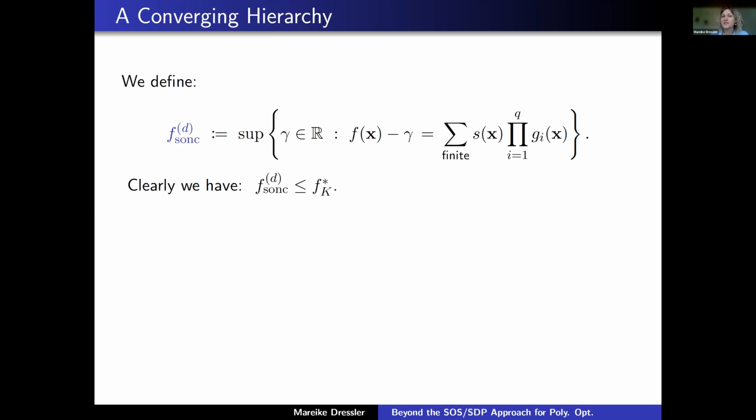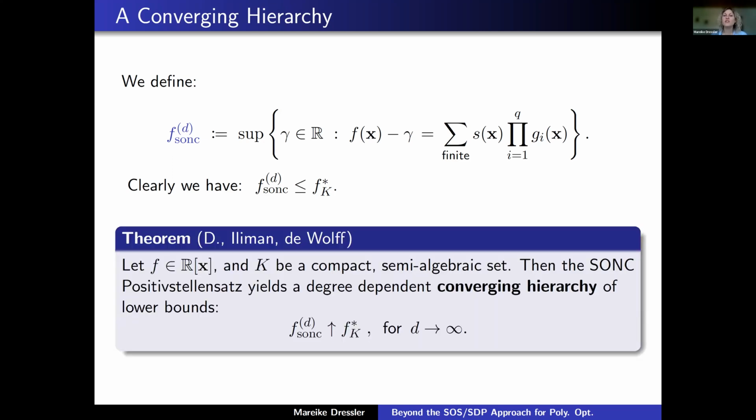This clearly gives us a lower bound, again, on the optimal value, because this representation here is a certificate of non-negativity involving SONC polynomials. And eventually you can really show that this parameter also yields a converging hierarchy of lower bounds in the sense that it really converges towards my optimal value. And this is degree dependent.